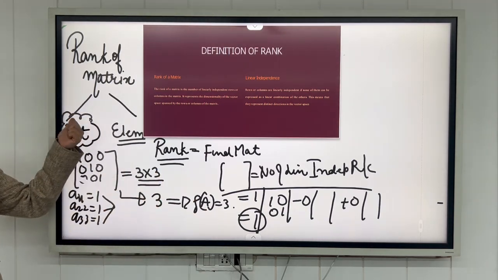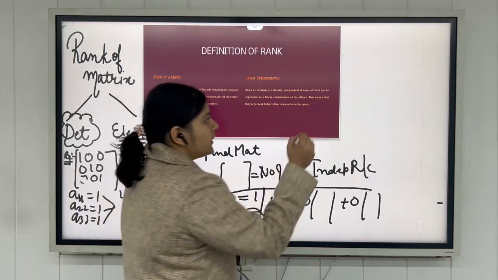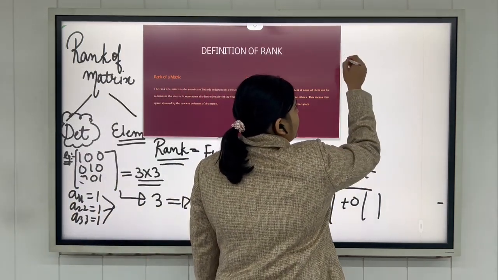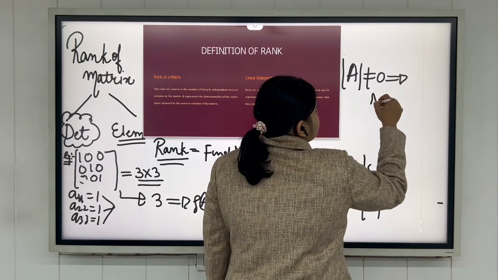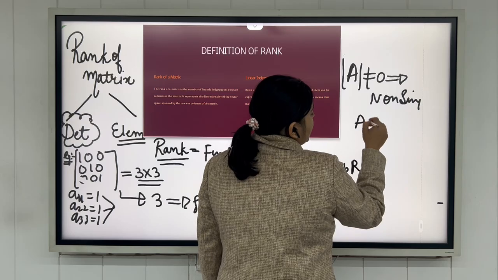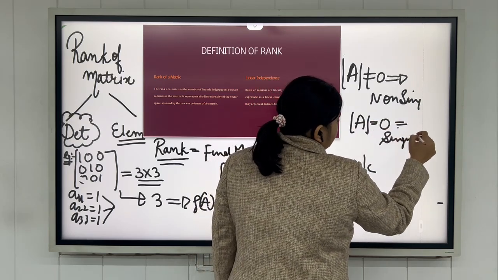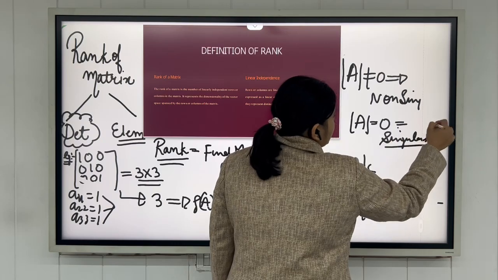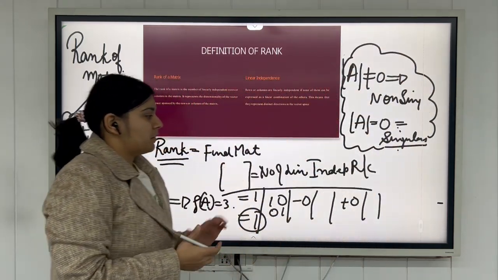This is the determinant method by which you can find the rank. Now, there is one important point. If your determinant is non-zero, this means it is a non-singular matrix. If the value of the determinant is 0, it is called a singular matrix. These are important terms used in your course, so please make sure you are aware of them.